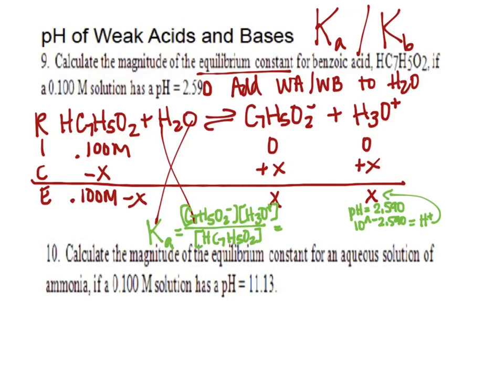So get that for me. 0.00257. So H plus concentration is 0.00257, and that equals my x. So now we can plug our x in.